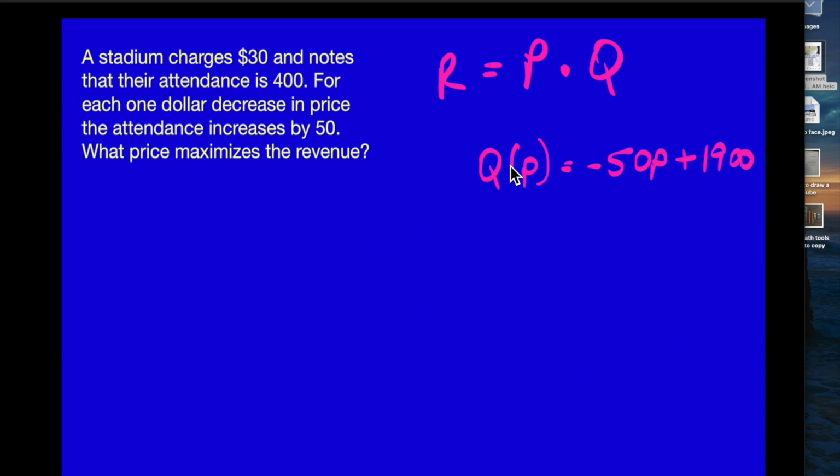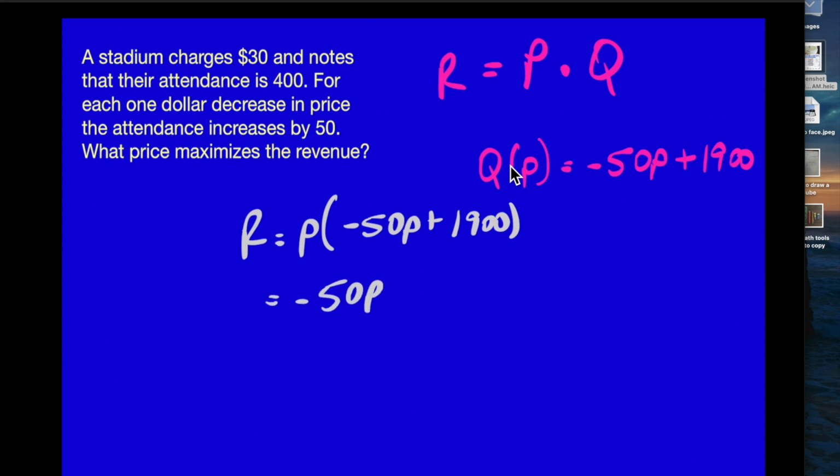All right, let's do that over here in white. When we plug in revenue equals P times (negative 50P plus 1900), and we multiply that, we're going to get that the revenue equals negative 50P squared plus 1900P. Okay, we're asked to find the price that maximizes the revenue.